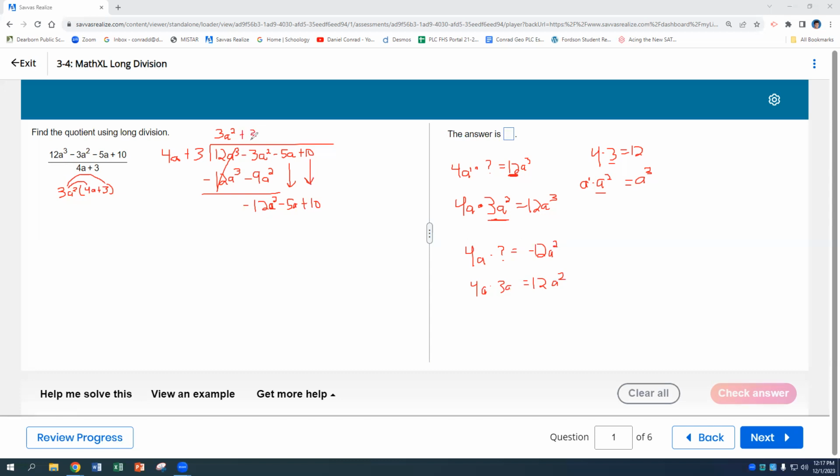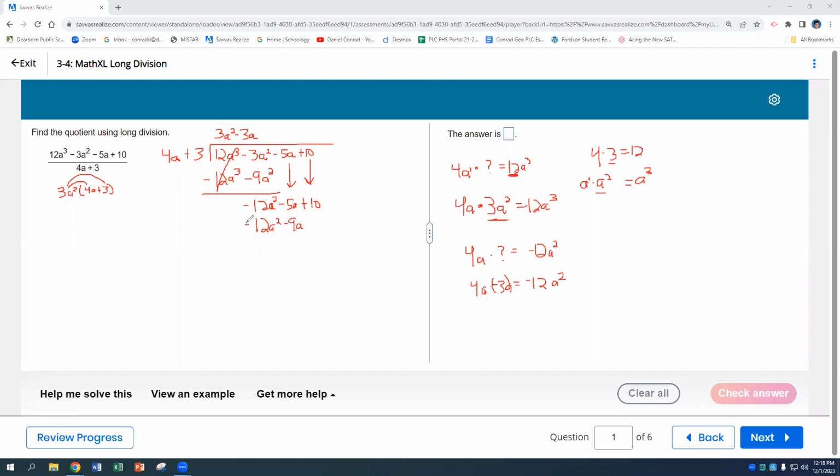So I'm going to put plus 3a. 3a times 4a is 12... I'm sorry, we need it to be equal to negative 12a squared, which means we need to multiply by negative 3. So it's going to be negative 3a. Negative 3a times 4a is negative 12a squared, and negative 3a times 3 is minus 9a.